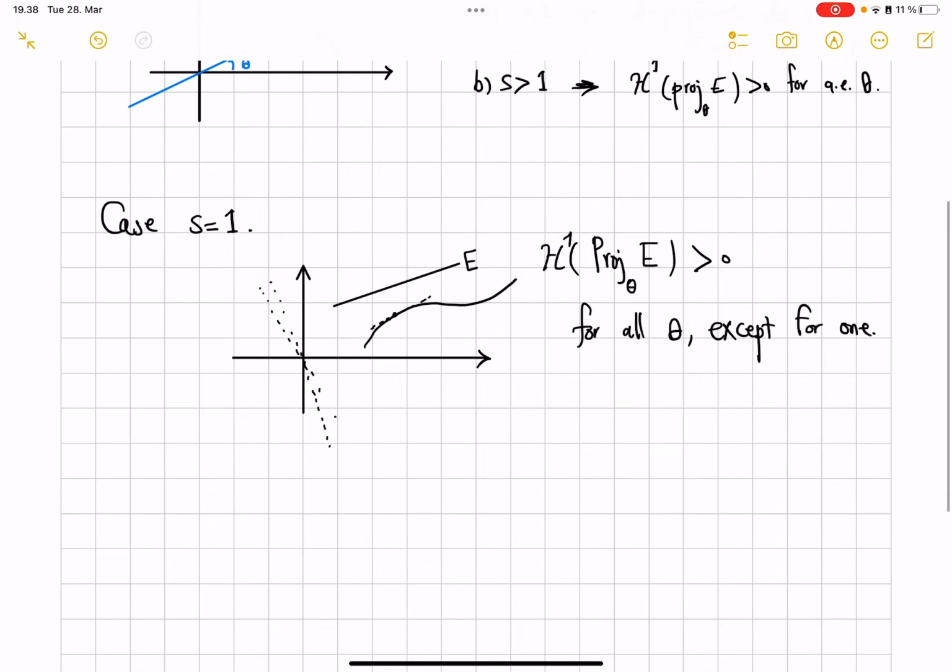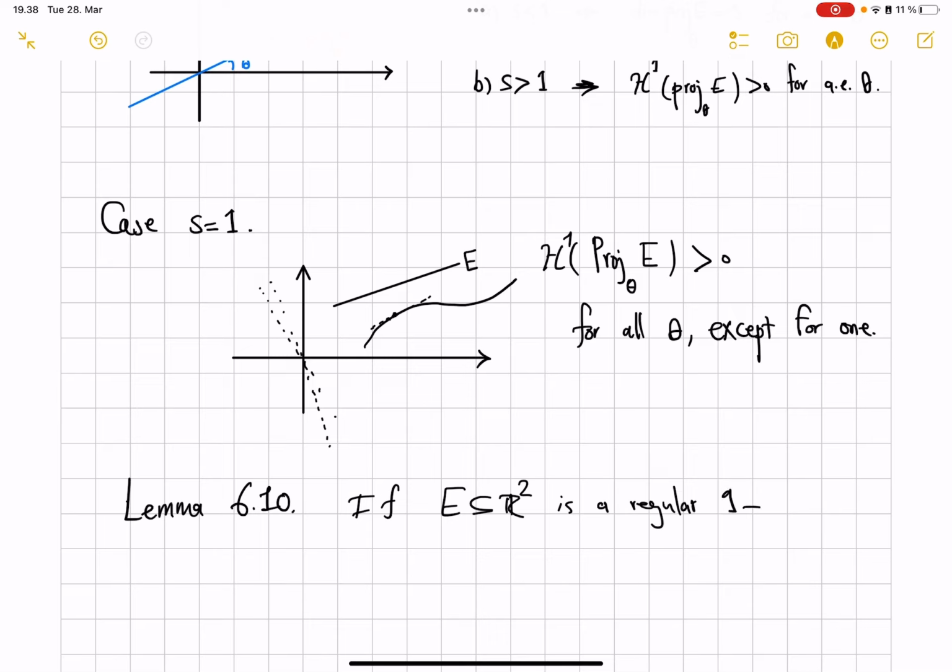So there is this lemma, 6.10 from Falconer's book, that says if E, a subset of R2, is a regular 1-set. So I have defined this before in the videos.